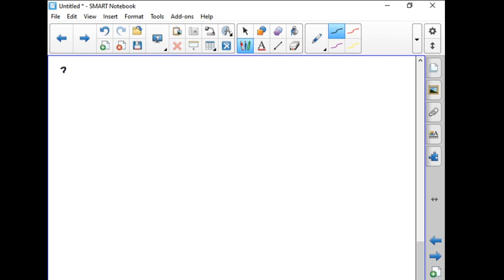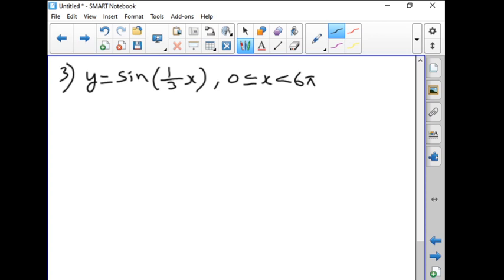Now question number 3. Sketch the graph of y is equal to sin 1 by 3 x for 0 less than or equal to x less than 6 pi. Okay. So here also compare it with y is equal to a sin bx. What is amplitude?